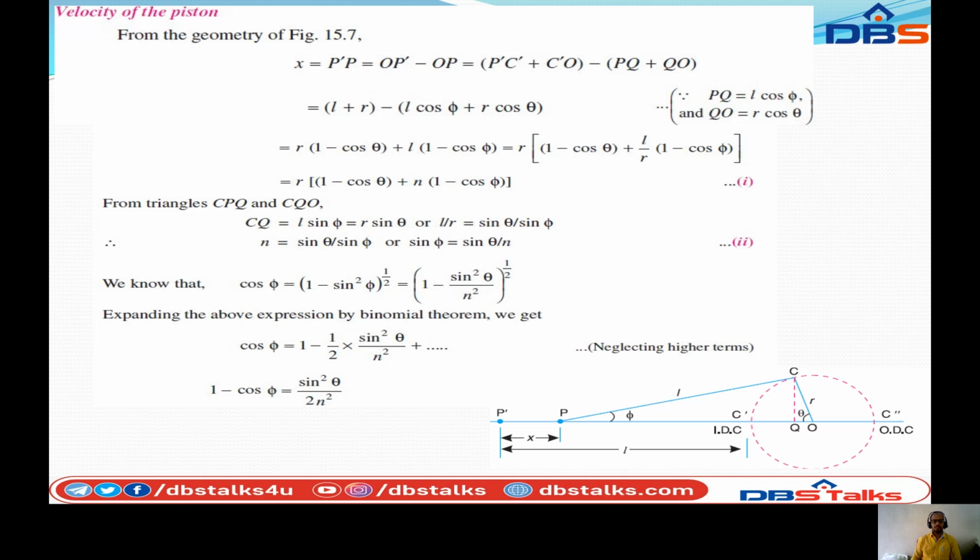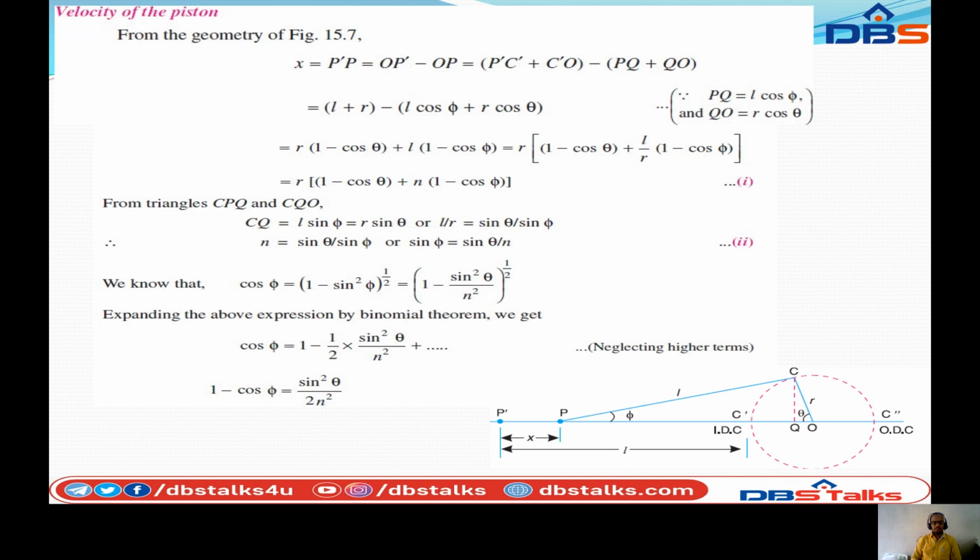From the triangles CPQ and CQO, CQ is equal to L sin phi, that is equal to R sin theta, or L by R, which we call n, is equal to sin theta by sin phi, or sin phi is equal to sin theta by n. We know that for the reciprocating masses, the unbalanced primary and secondary forces, the expression is cos phi equals the square root of 1 minus sin squared phi, that is square root of 1 minus sin square theta by n square.